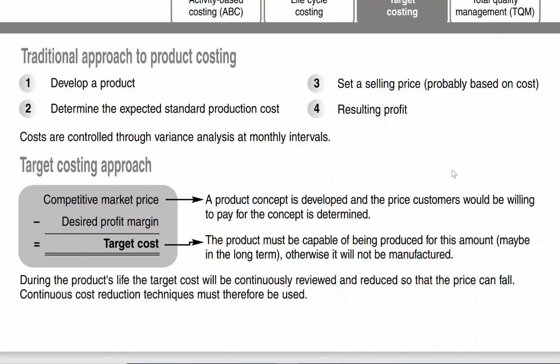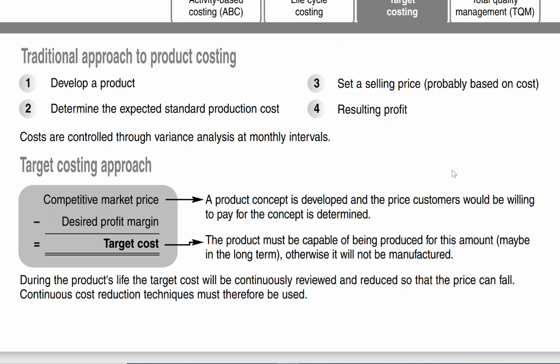So $30 deducted from the $120 becomes $90. That gives us the target cost. Now it doesn't stop here. Target cost is the cost at which I should make the product.